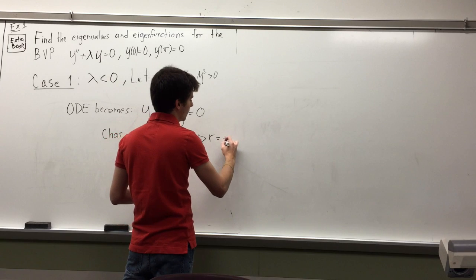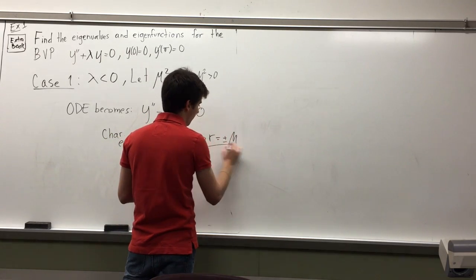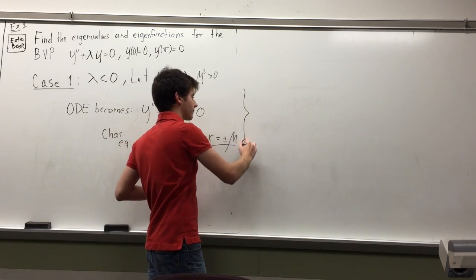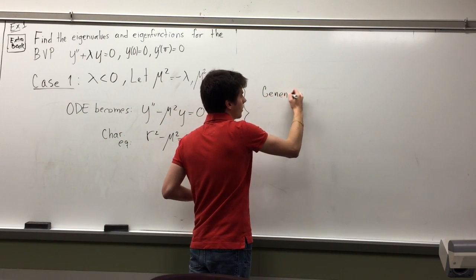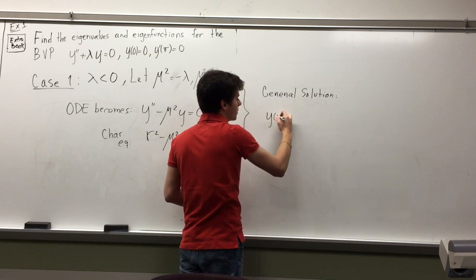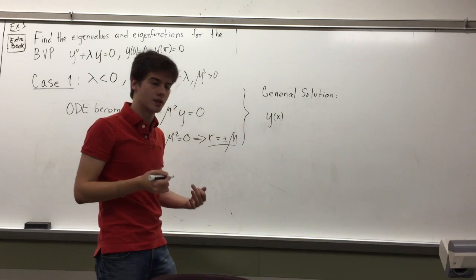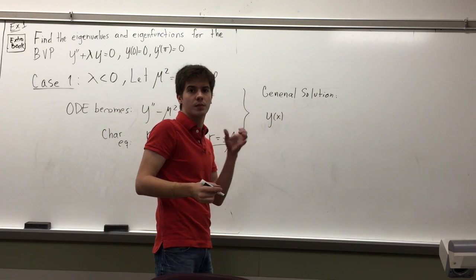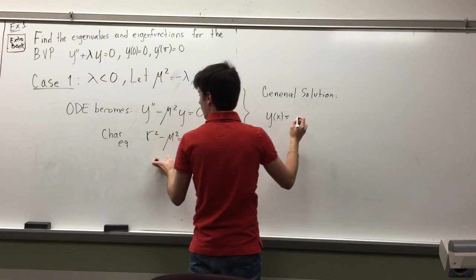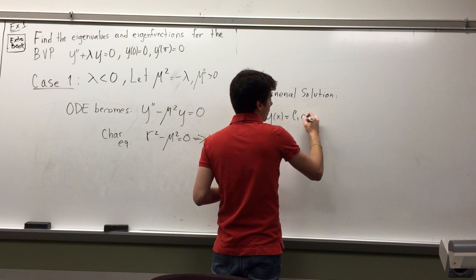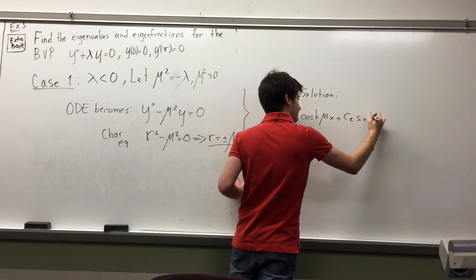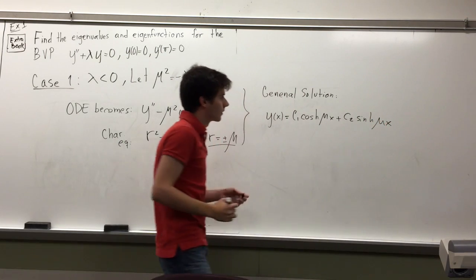Therefore, r is equal to plus or minus mu. So, let's write down our general solution, but let's do so in terms of sinh and cosh for convenience. In the last video, I explained a little bit why we do that. In this video, I'm just going to go ahead and do that. So y equals C1 cosh of mu x plus C2 sinh of mu x.